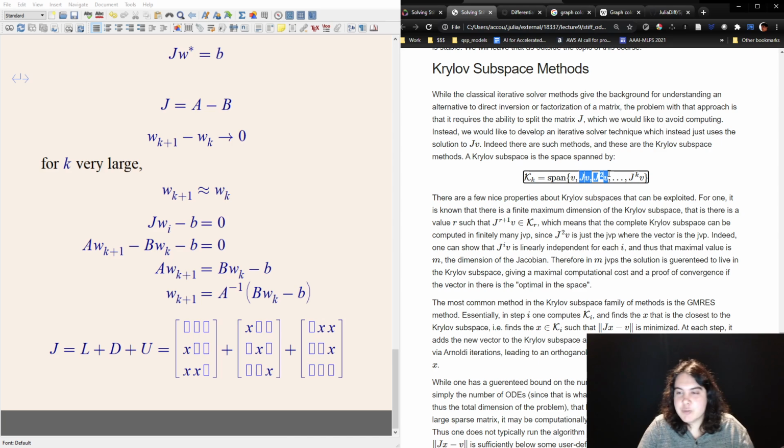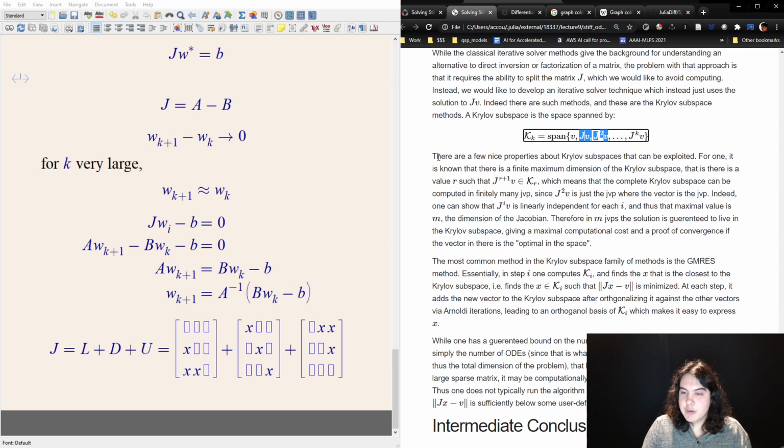Going back to your linear algebra, there is a method essentially in here which says, given a Krylov subspace, which is some number of these Krylov vectors, multiplying up to J to the k times v, it gives you the approximation to the linear system solution.